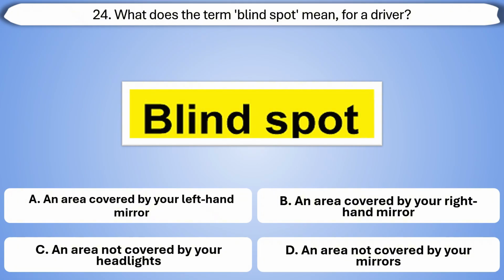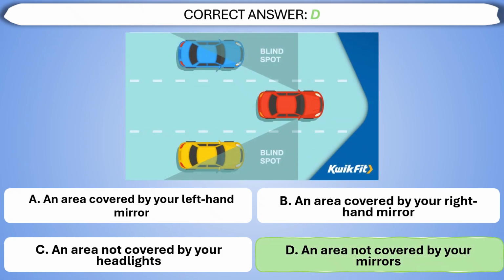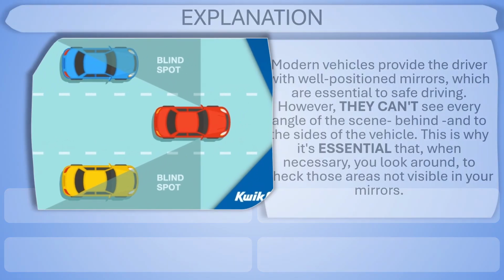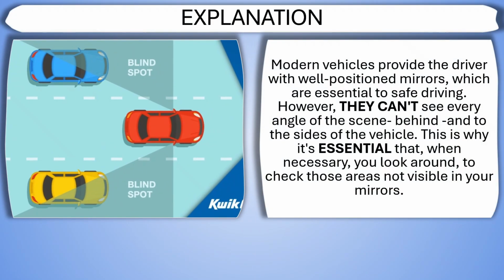The correct answer is D. An area not covered by your mirrors. Explanation. Modern vehicles provide the driver with well-positioned mirrors, which are essential to safe driving. However, they can't see every angle of the scene behind and to the sides of the vehicle. This is why it's essential that, when necessary, you look around to check those areas not visible in your mirrors.